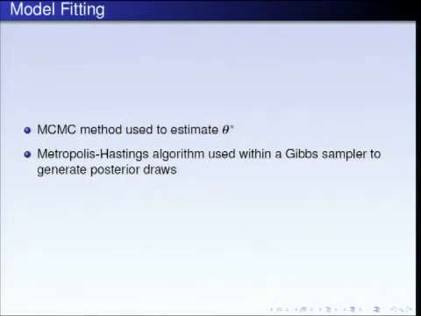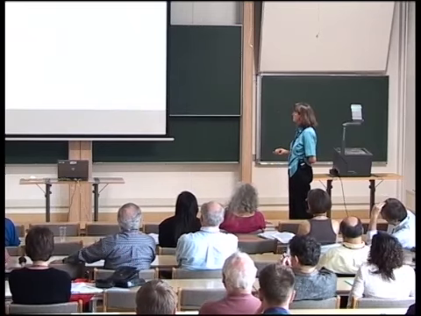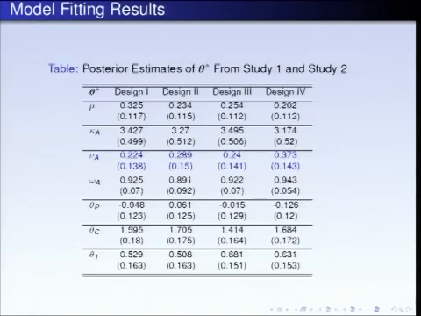Okay, so we used the MCMC method to estimate the parameters, using a Metropolis-Hastings algorithm within a Gibbs sampler to generate the posterior draws, and here are the results. This is the parameter that we set out to estimate in particular.